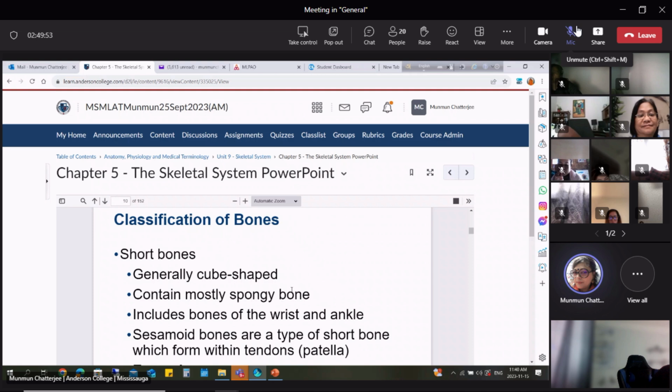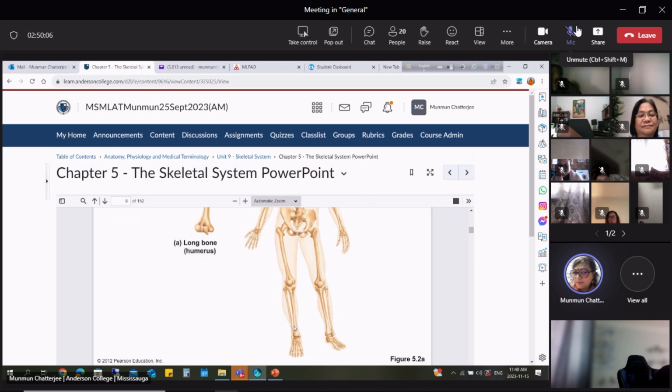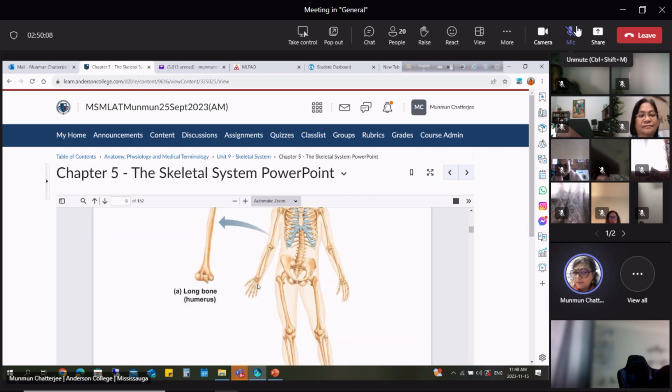So what are the short bones? Generally cube shaped, containing mostly spongy bone. The bones of the wrist, ankle, and also the vertebral column and the patella are spongy because they need to be soft and able to move. That's why we get arthritis here so fast.